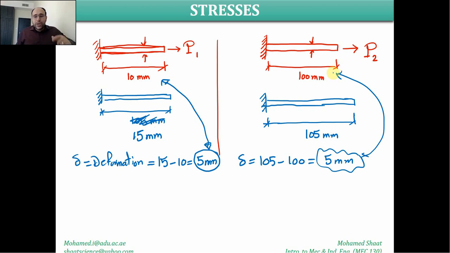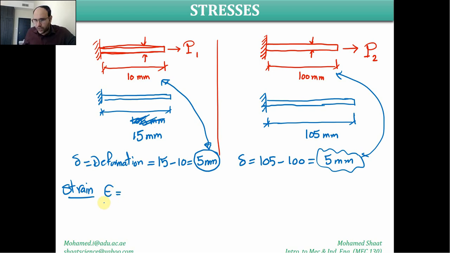So it means that we need another measure, and this is what defines strain. Strain is a more accurate measure than the deformation in describing the effect of the force over objects. This is strain, to which we give the symbol epsilon.